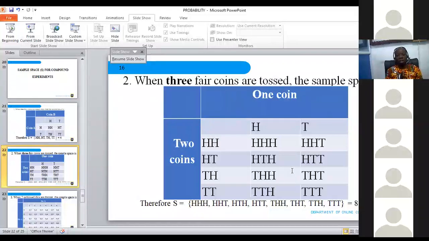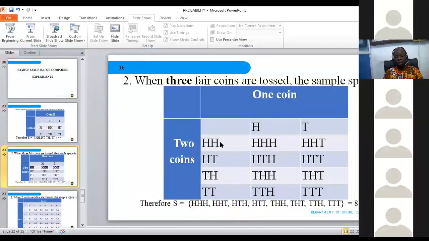Now, with 3 fair coins, it is difficult to get the result if you throw all 3 together. It becomes so complicated. So what we do is that we throw 2 coins and then we toss another coin.